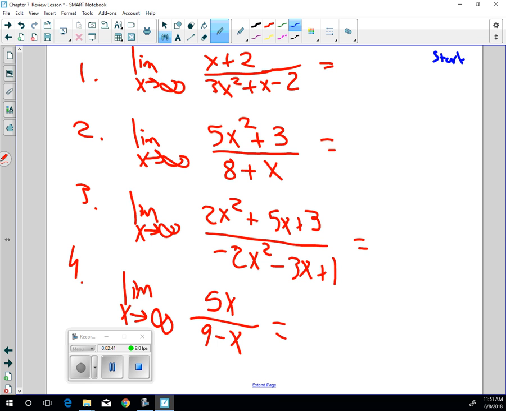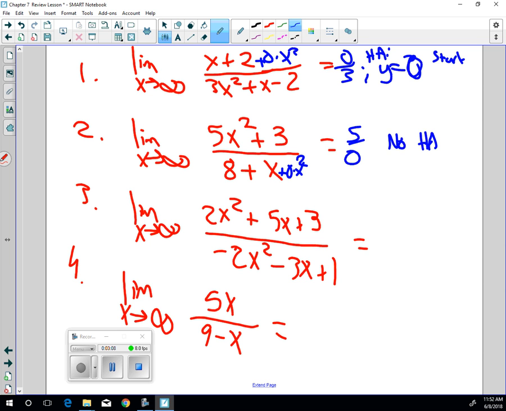Start. So this is going to be 0x squared, so you're going to get 0 over 3. So y equals 0 would be your horizontal asymptote for this one. This one would be 5x squared plus 0x squared. This is going to be 5 over 0, which will be no horizontal asymptote.